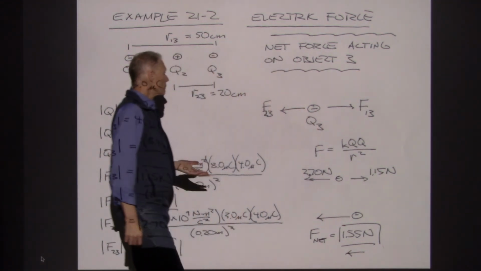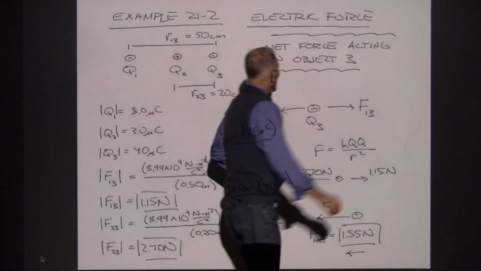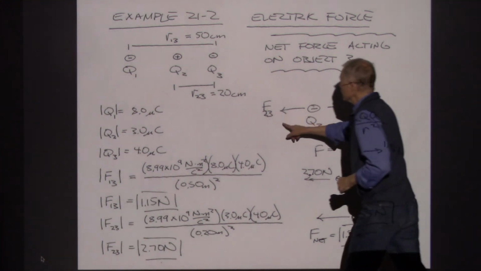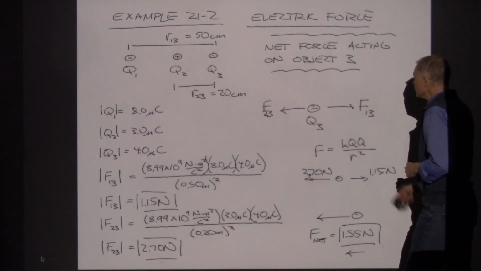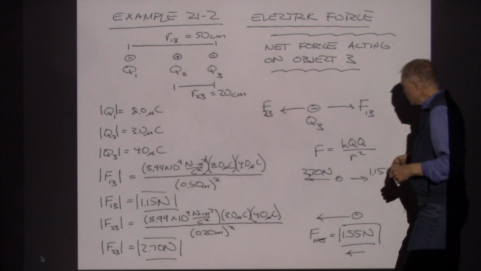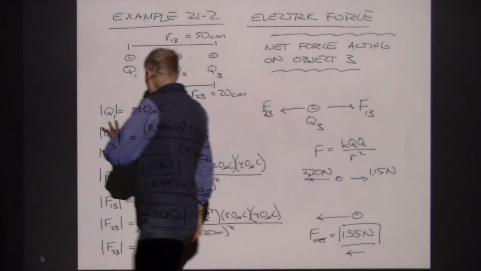Which direction is that going to be? Once I've got the diagram drawn, I know that once I calculate the magnitude of F13 and of F23, I'll take F13 and subtract off F23, and that'll give me the net value.